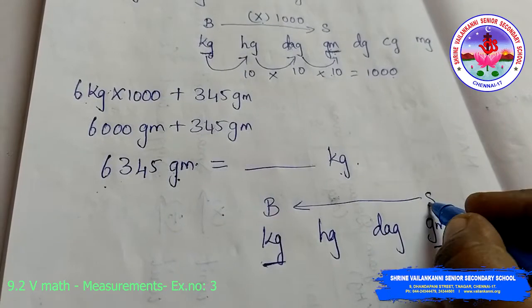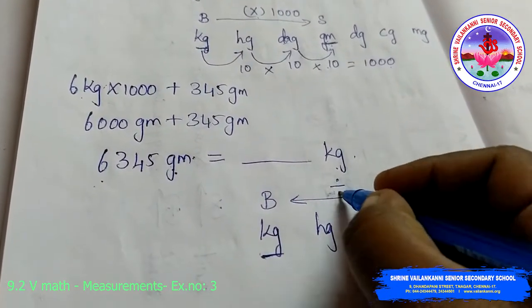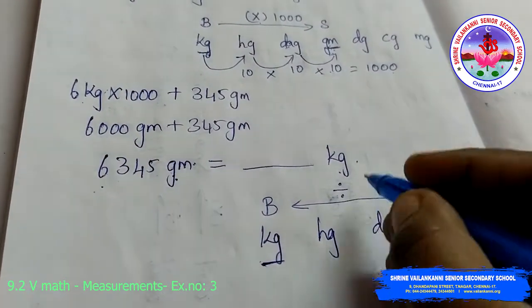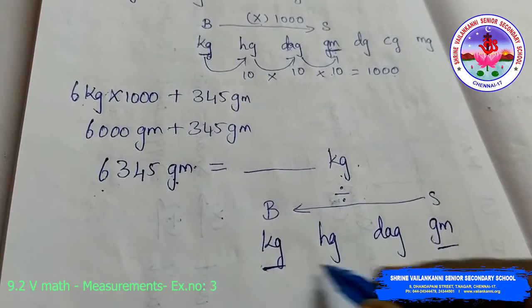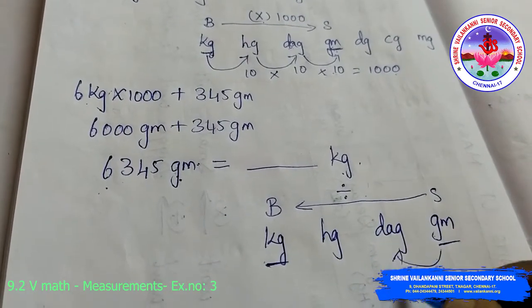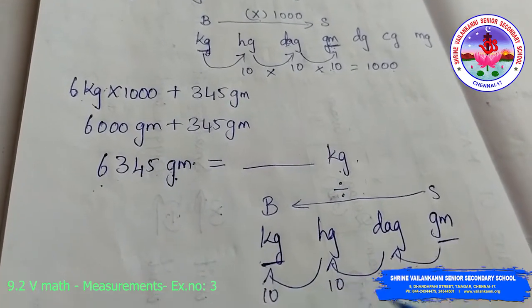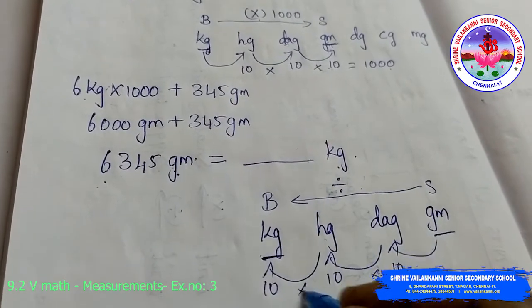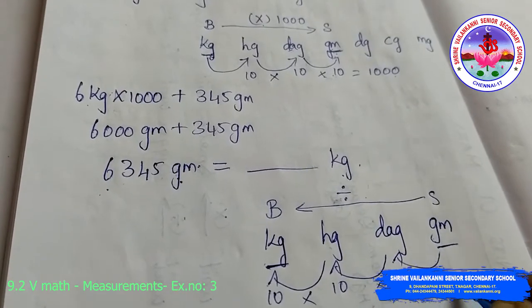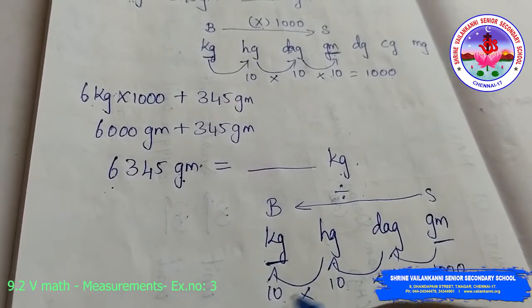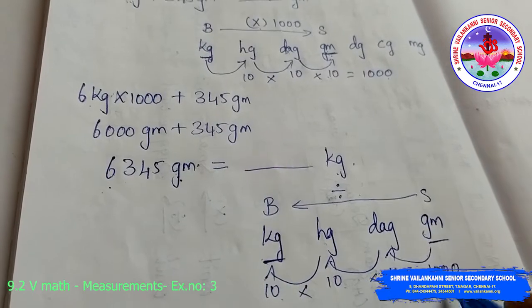When you convert small to big, we have to do division. Division with how much? As I said, 10, 10, 10. Here to here 10, so totally 1000. One, two, three zeros, so I am directly giving 1000.